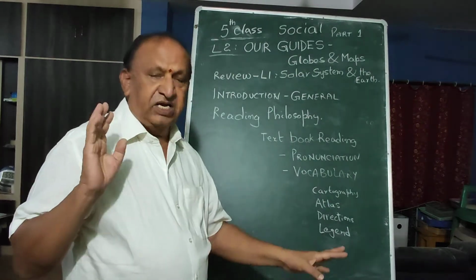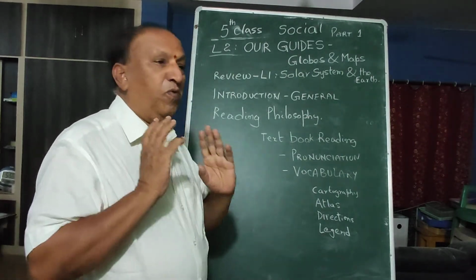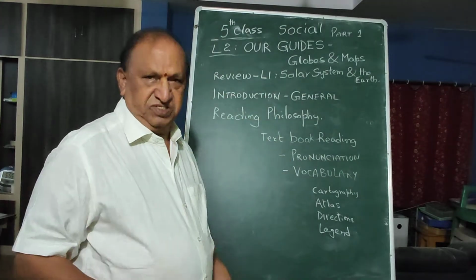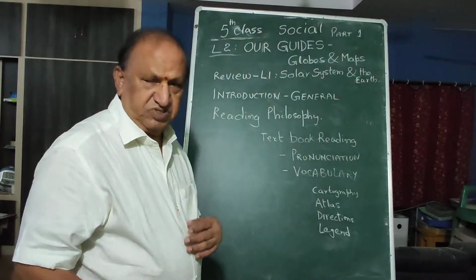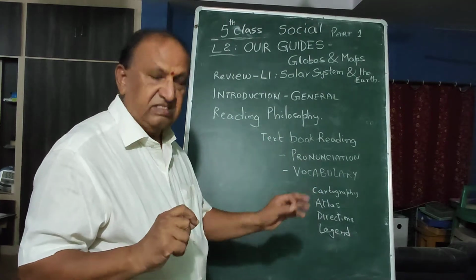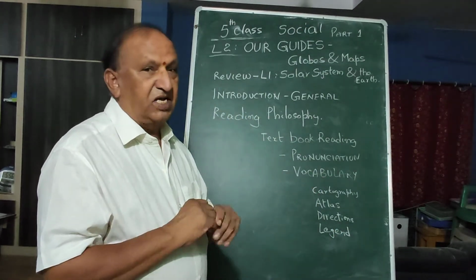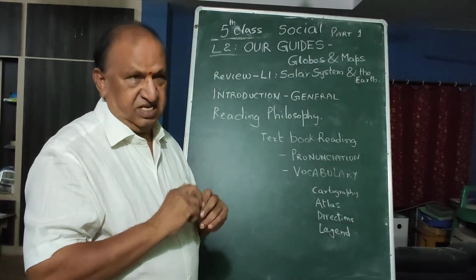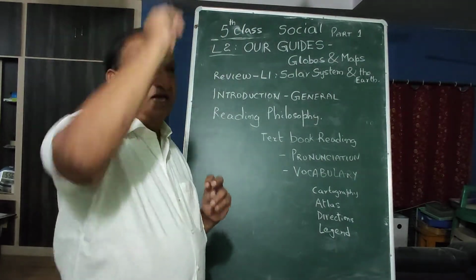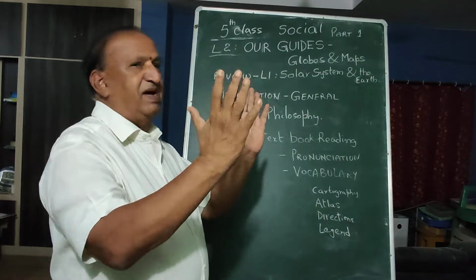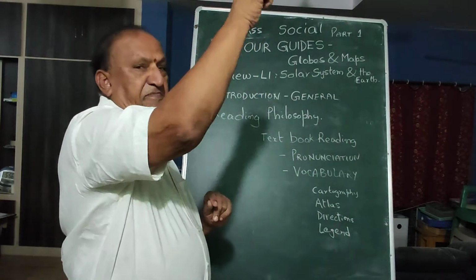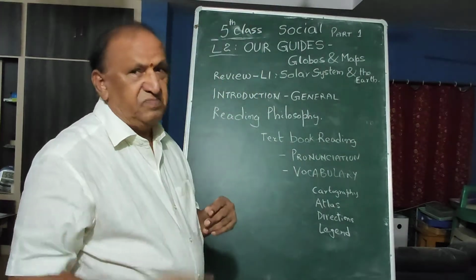And then you already know all the 4 main directions: north, south, east, west. Also, north is always represented on the top of the page. If you take an 8 by 11 A4 sheet, on the top you have north, at the bottom it is south.